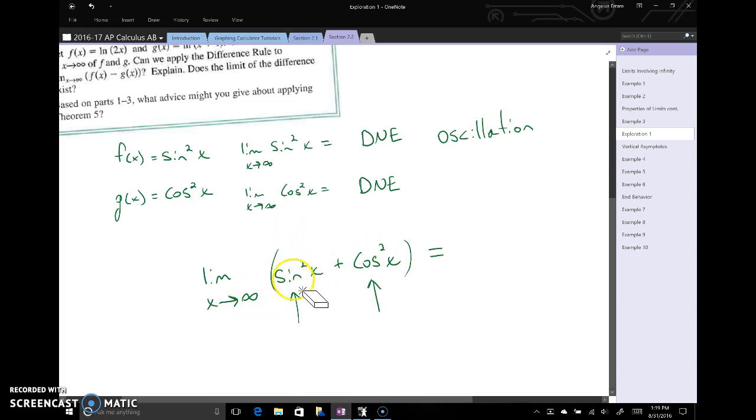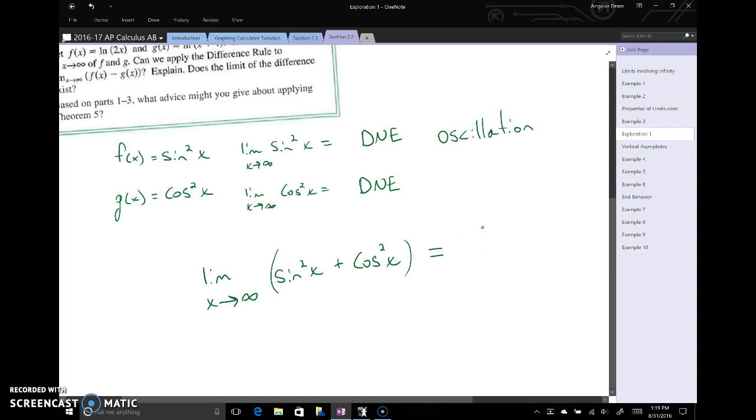Both the limits individually do not exist. What we can't say is that it's a number, and we also can't say that this thing doesn't exist. We just can't use the addition property at all, okay? So just because we can't use the addition property doesn't mean the limit does not exist in this case.